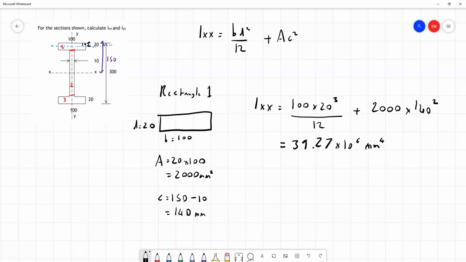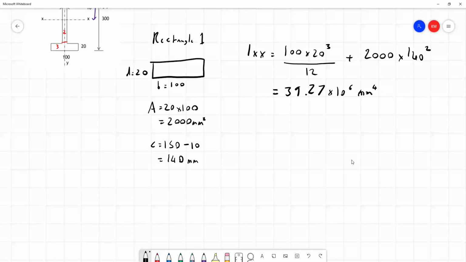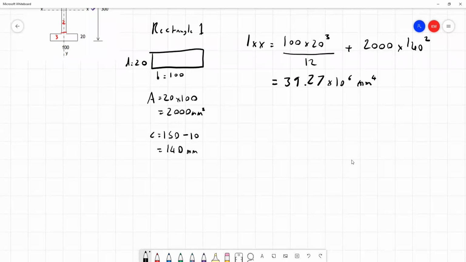Now, it's relatively easy to establish that rectangle 3 is going to have the same second moment of area about the x-axis as rectangle 1. So I'm just going to write that down, but I will say a little bit about it before we move on. Rectangle 3, and its second moment of area about the x-axis is 39.27 times 10 to the 6 millimeters to the 4.